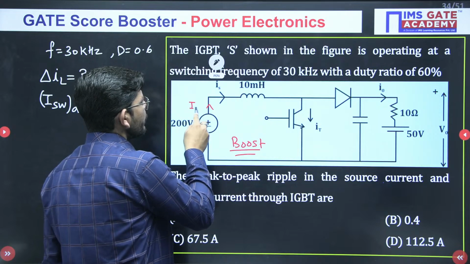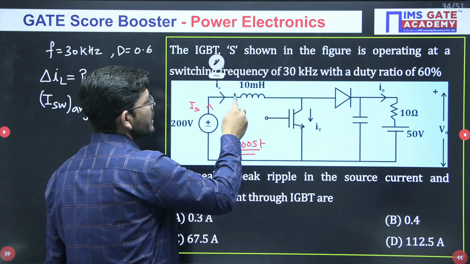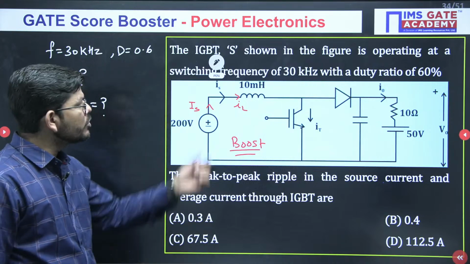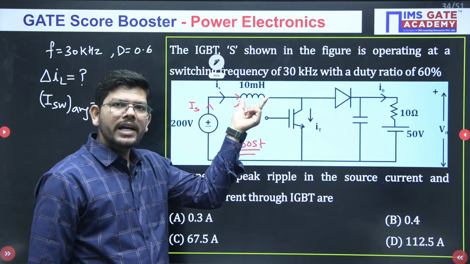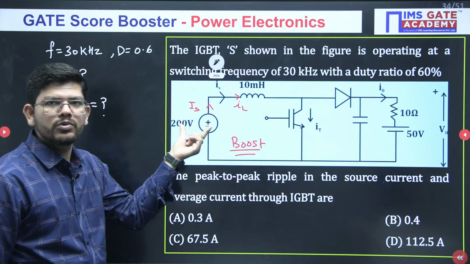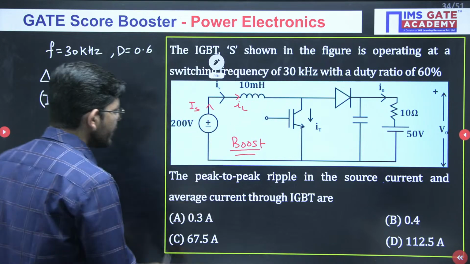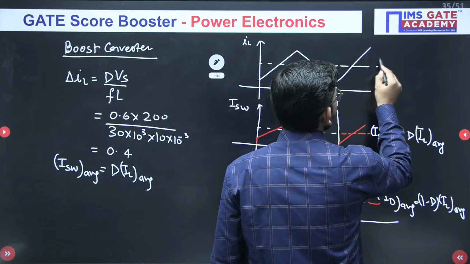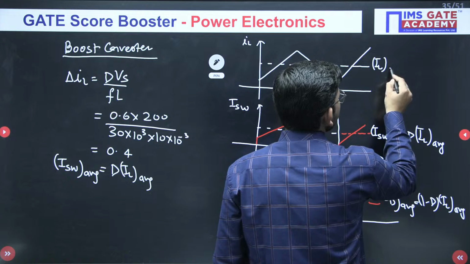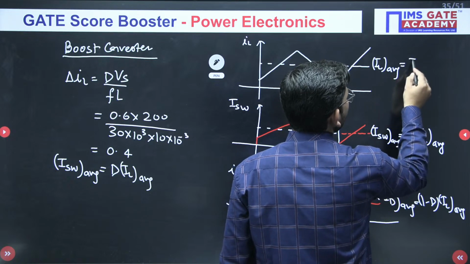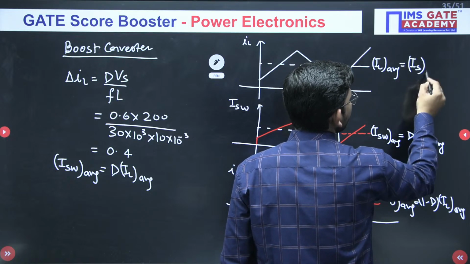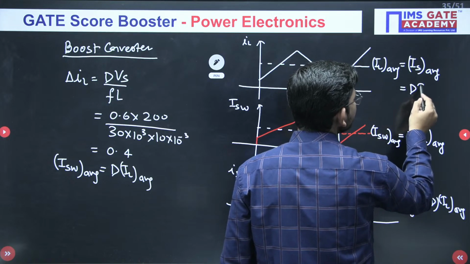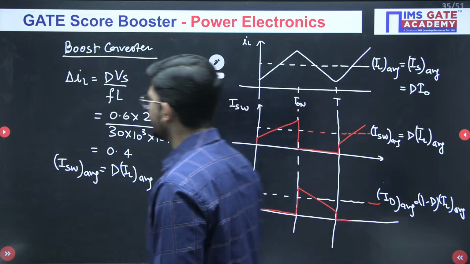The source current and the inductor current are the same, isn't it? Whatever my inductor current is, the same my source current will be. So can I write here that the average inductor current is equal to the average source current as well? And what will be the average source current? It will be D times I naught. How to find this?